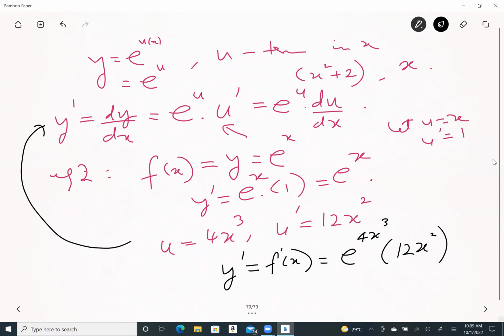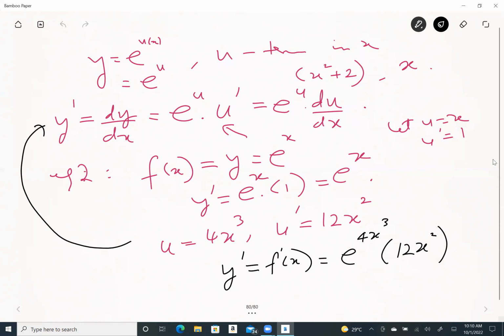Here you need to apply the product rule, because you have a t, and then you have another term multiplied to it, which is e to the power of those things. So we have to apply the product rule. Just remember the product rule.